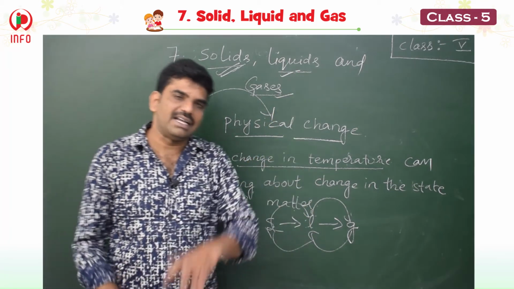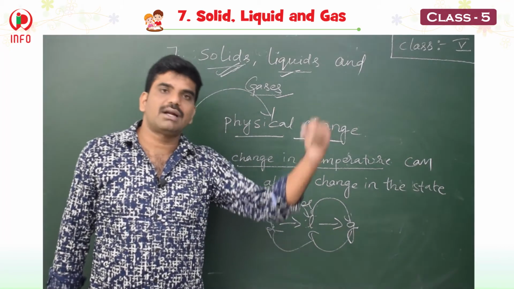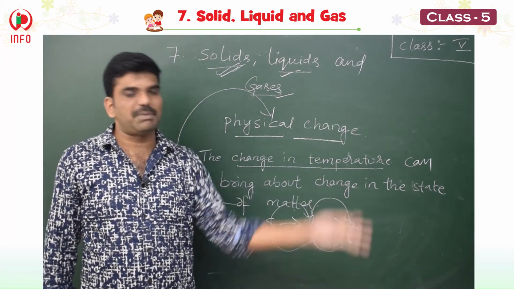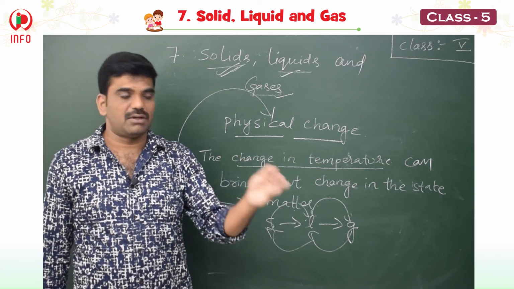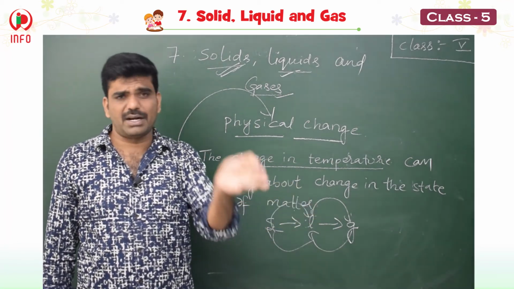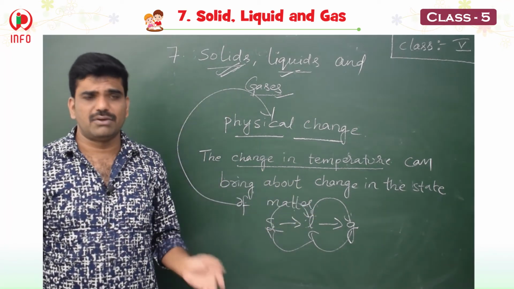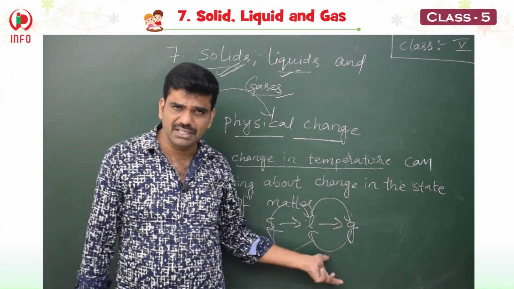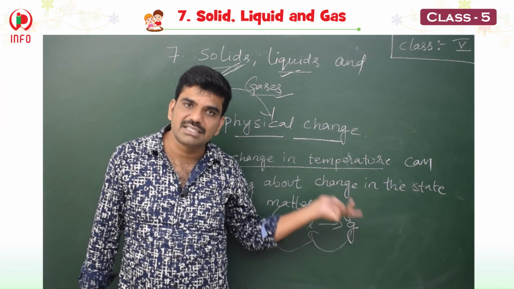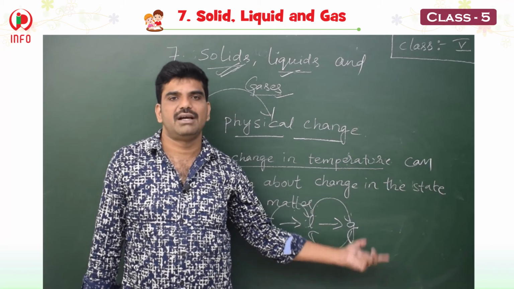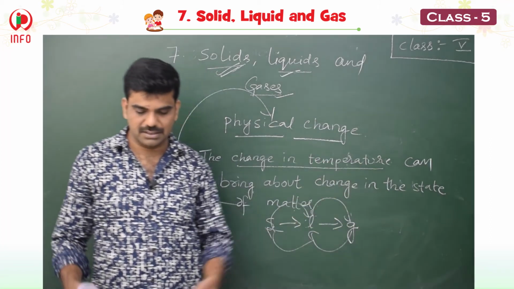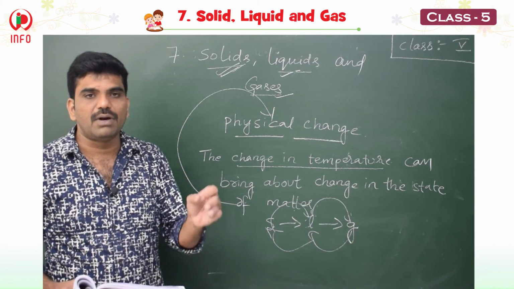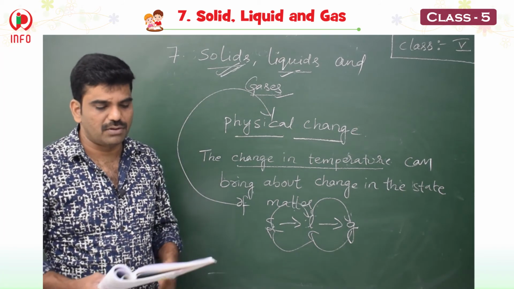That means ice can be converted to water, water can be converted to vapor, vapor can be converted to liquid water, or water can be converted to ice. So this change is a temporary change and can be reversed. Right. Now let's go for one example.